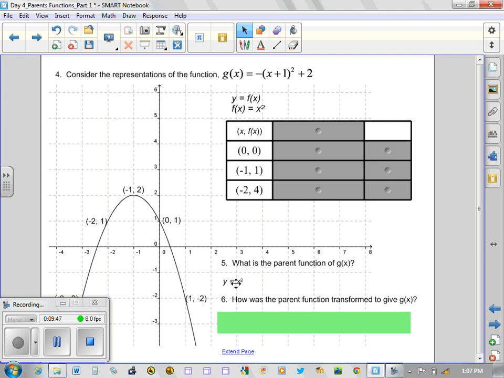So now let's consider the transformations that would be occurring to the function f at x equals x squared, in order to produce the graph of G. So what we're going to say is that all of the x-coordinates are going to translate to the left by 1 unit.